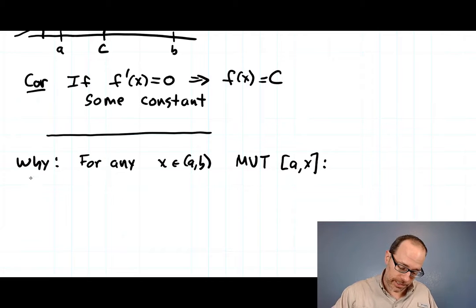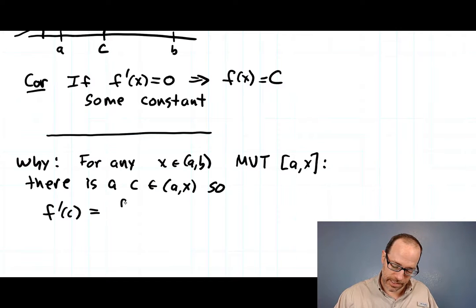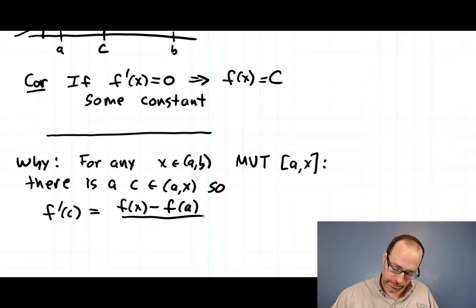So that means there is a c in between a and x, so that f prime at c is f of x minus f of a all over x minus a.